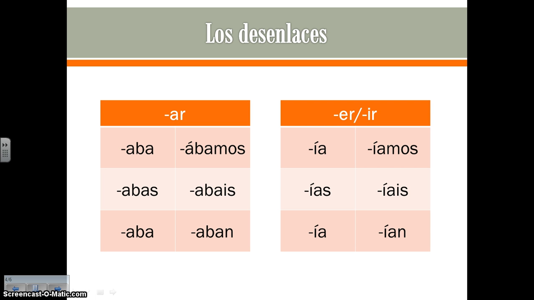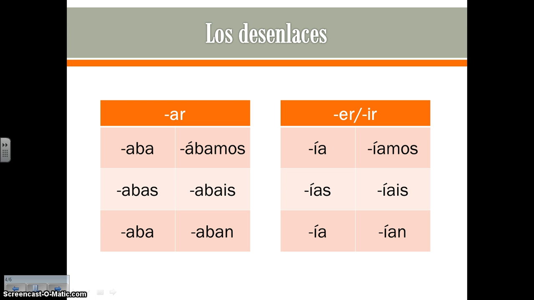Well, here you go. Here are your endings in Spanish. Just like our preterite tense, our AR verbs have their set of endings, and our ER and IR verbs have their own set of endings. So AR verbs: aba, abas, aba, ábamos, abais, aban. Notice a couple things.